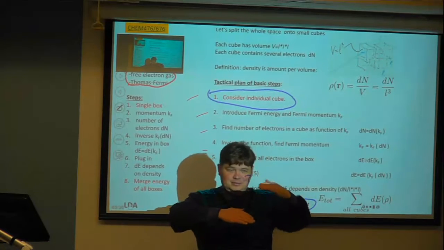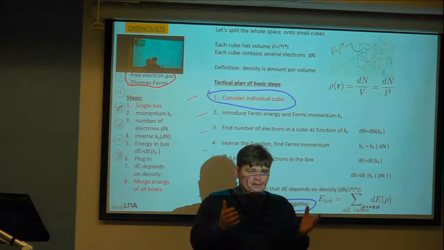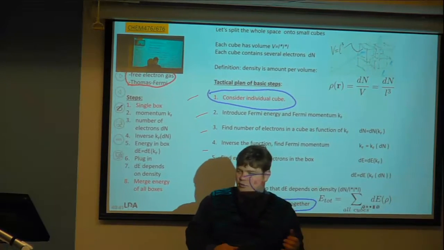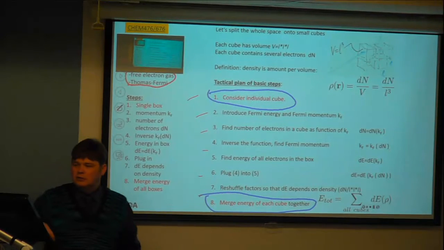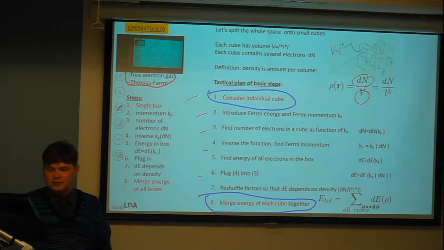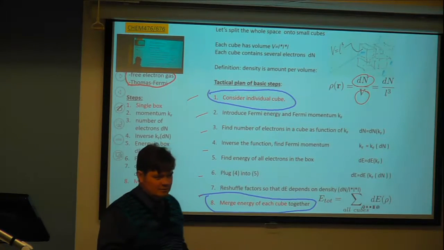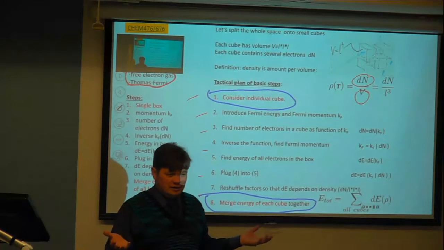Why can't we split our class into imaginary cubes? We are not going to actually put any boxes. And then if we know the number of electrons in each cube and the volume of each cube, then we have density, right? In some sense, we already know density. Now we need energy, which will be a little harder.